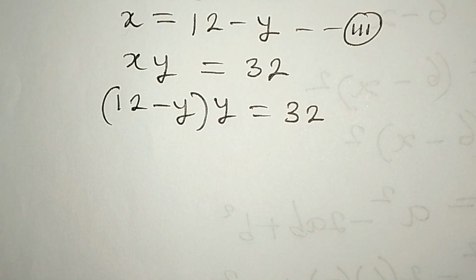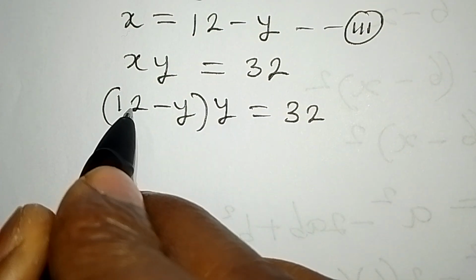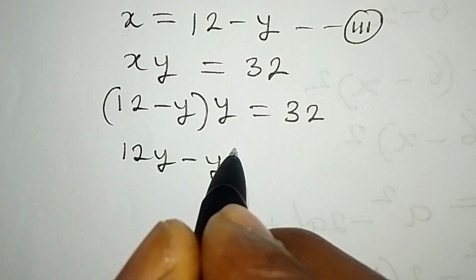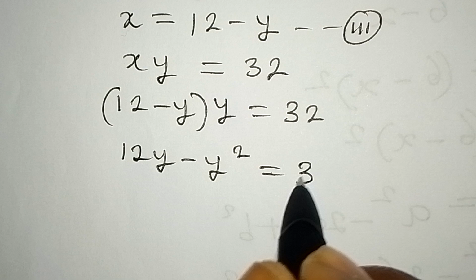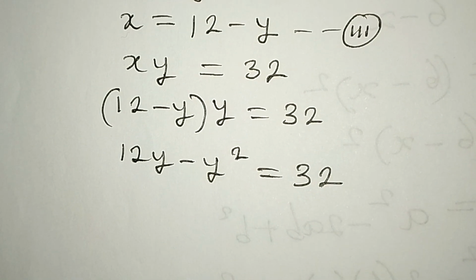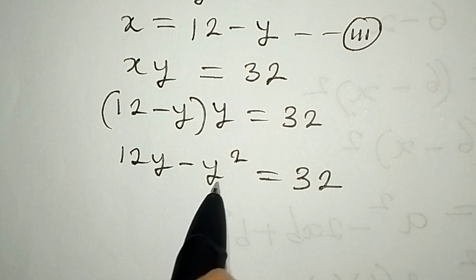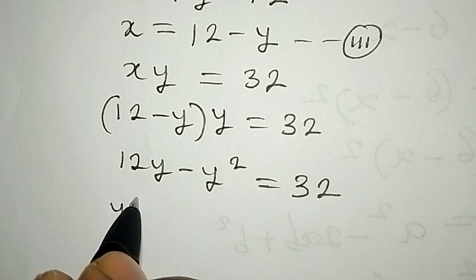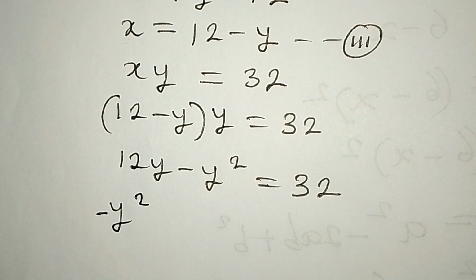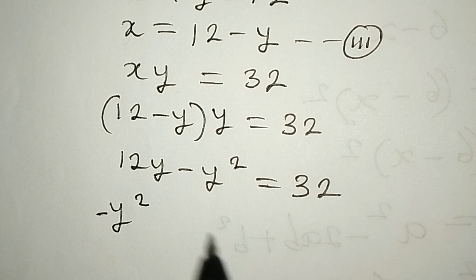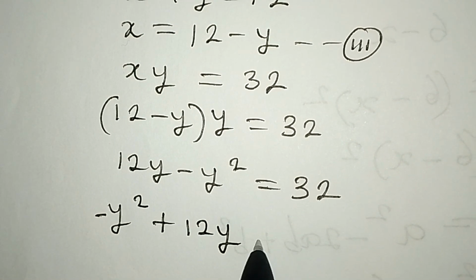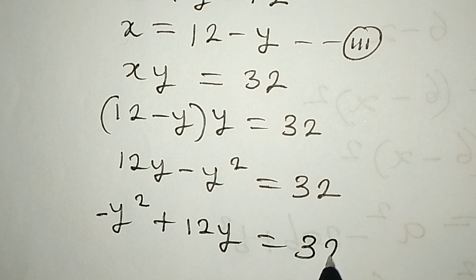Let's open the bracket so that we have y times 12, that is 12y, then minus y squared equals 32. Now we are having a quadratic equation. Let the one with the highest power come first. So we have negative y squared, then plus 12y equal to 32.